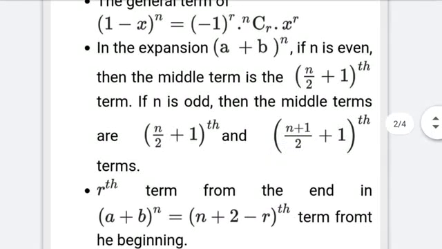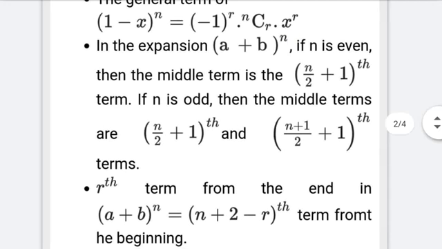Now, in the expansion (a + b)^n, if we are talking about the middle terms, right, if n is even, that is power is even, then the middle term is (n/2 + 1)th term.